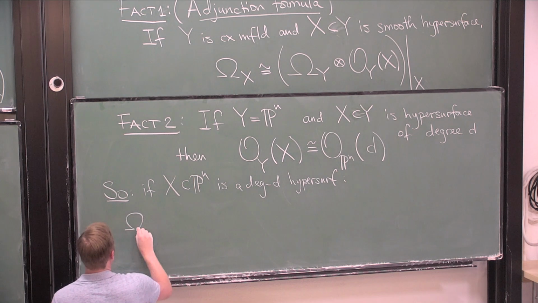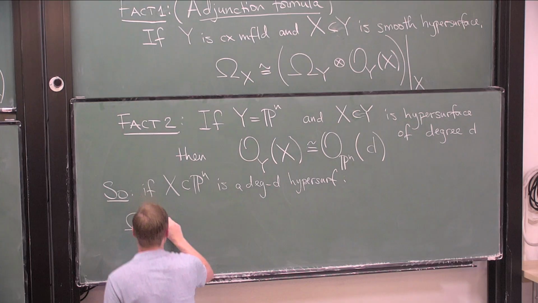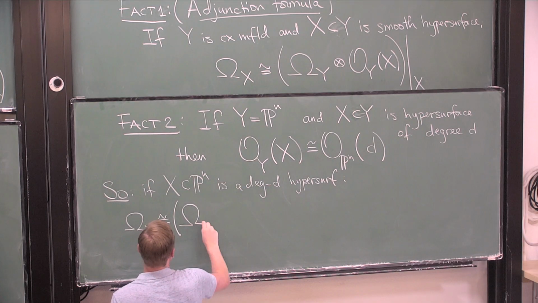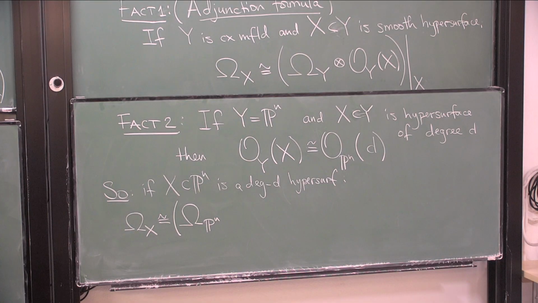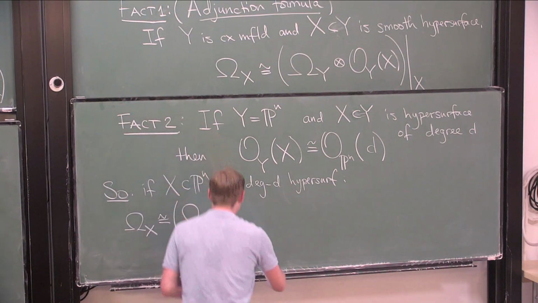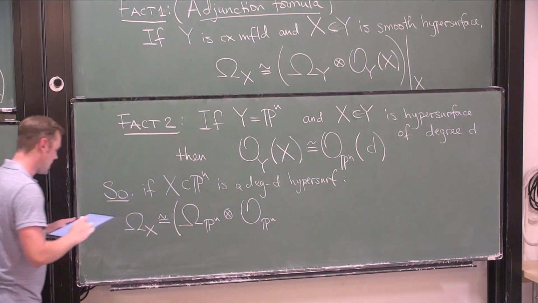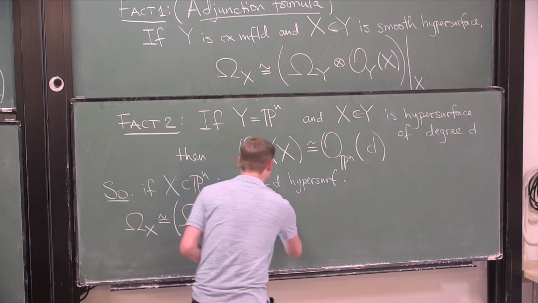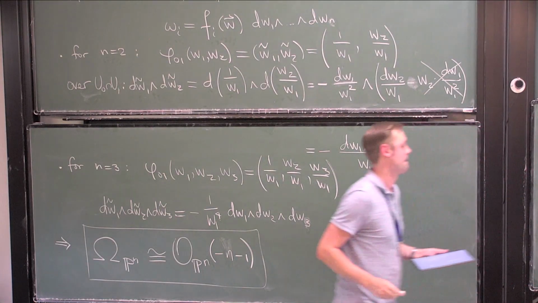Omega of X, by using the adjunction formula, is computed in terms of the canonical bundle of P^n, twisted by the O of K bundle where K equals d. And this is restricted to X.